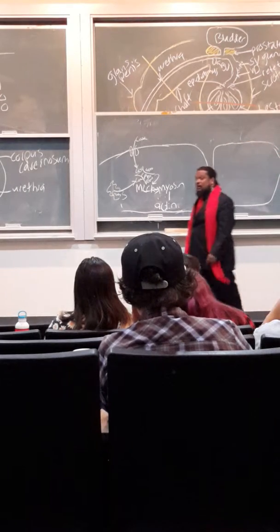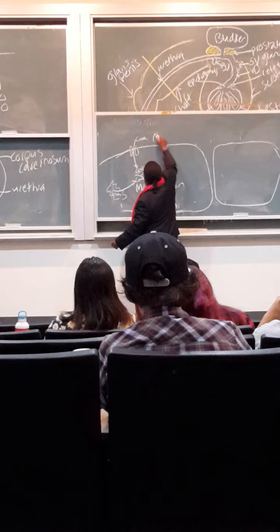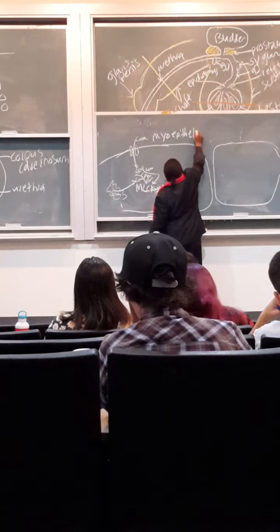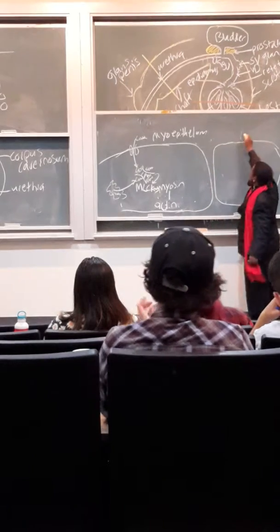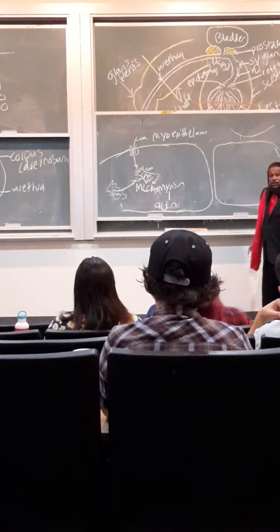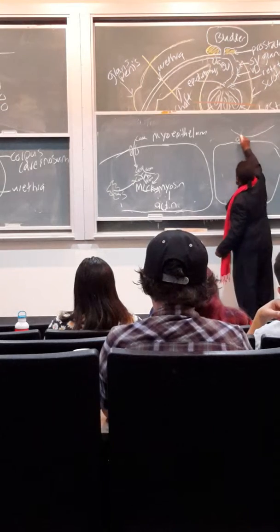And the neurotransmitter on that nerve, so this is myoepithelium, this is another nerve. The neurotransmitter is glutamate.